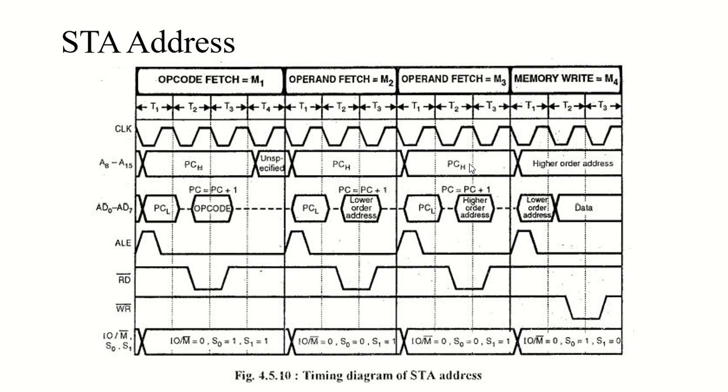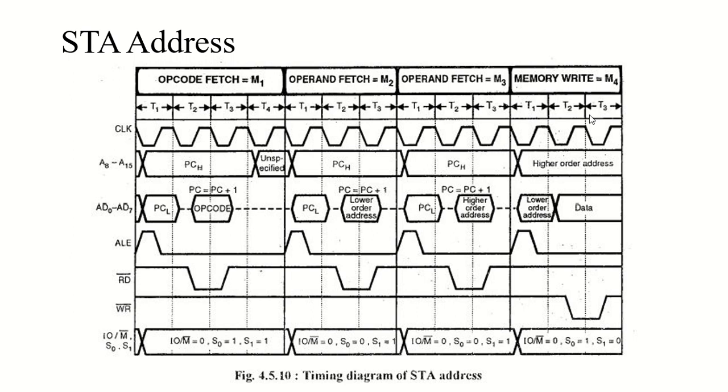And then we will be using memory write for writing the data from the accumulator to the address memory location. The address for this is given by the two memory read cycles that we have taken for the higher order and lower order addresses. Let's see how many T states this has: 4, 5, 6, 7, 8, 9, 10, 11, 12, 13 states.